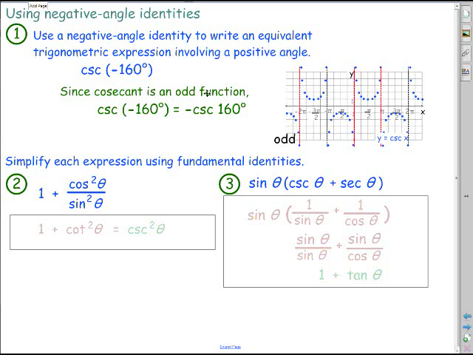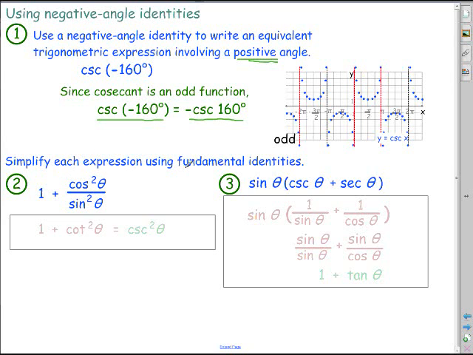Since cosecant is an odd function, we can say that this will be equal to this. So we can write an equivalent trigonometric expression using a positive angle. So this is positive. The function itself is negative, but the angle is positive.